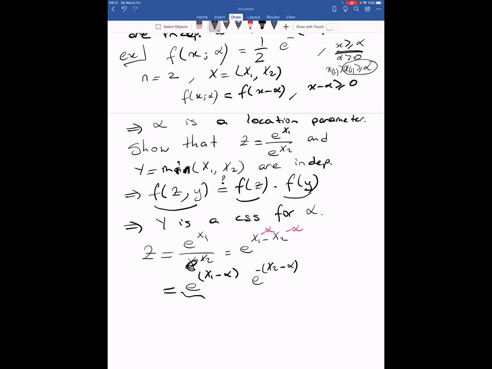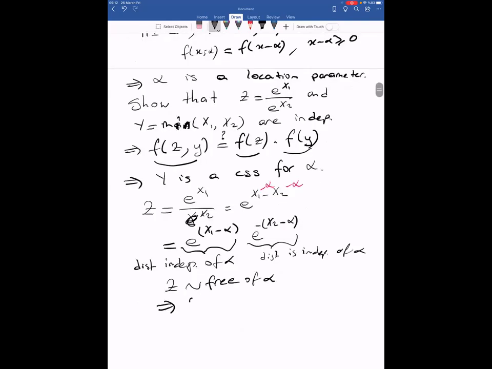the distribution of this part is independent of alpha. And the same here. The distribution is independent of alpha because of this location type family thing. So this means that Z is distributed from V of alpha.